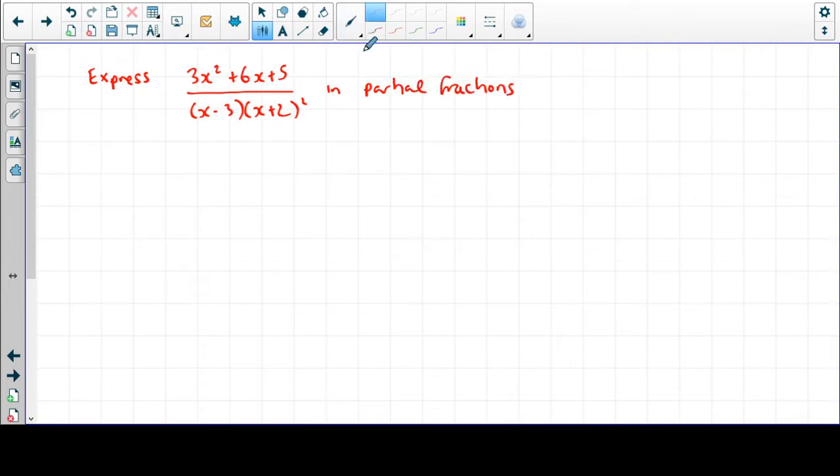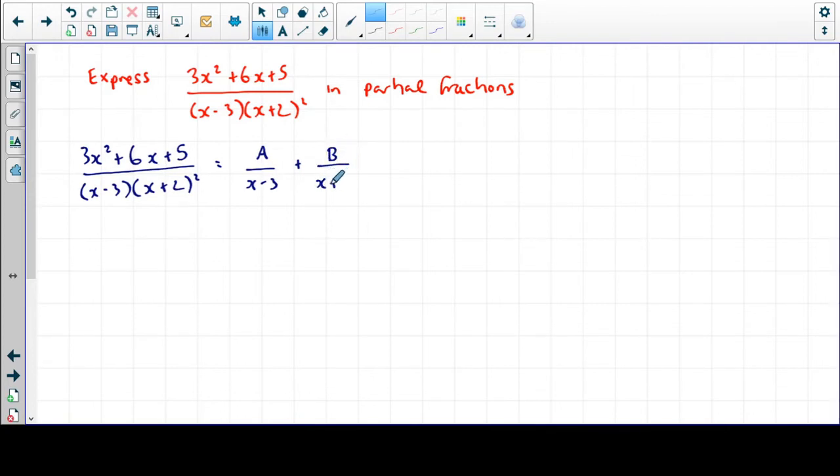So again, we've got a repeated linear factor on the bottom. So we set it up as follows: 3x squared plus 6x plus 5 over x minus 3 brackets x plus 2 squared is equal to a over x minus 3 plus b over x plus 2 plus c over x plus 2 squared.